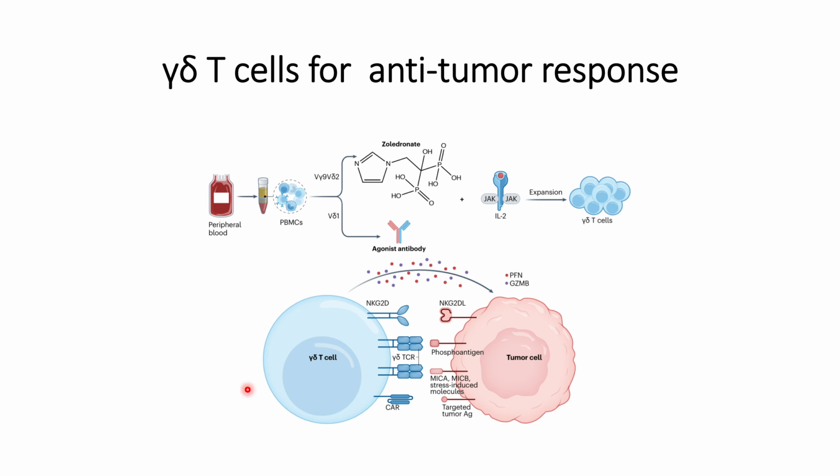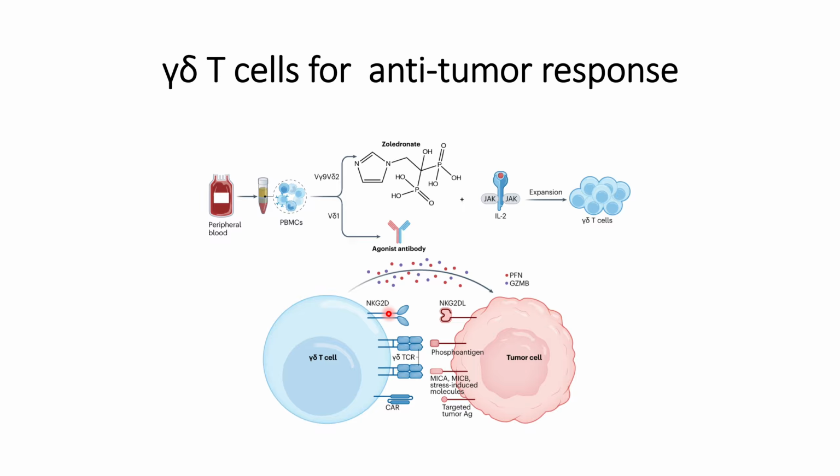The functions of gamma delta T cells are similar to the CAR-T cells or CAR-NKT cells that we have discussed previously. Mainly the NKT cells, because CAR-T cells do not have a natural tendency to release lytic granules, that is perforin and granzyme, whereas NKT cells have the tendency to release lytic granules that can kill the tumor cells.